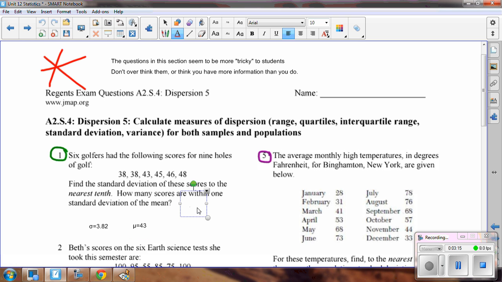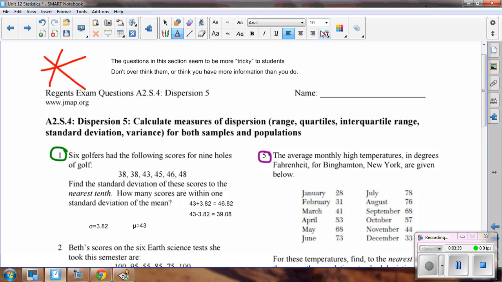I could take 43 and add 3.83, and we get 46.83. And then we could do 43 minus 3.83, and that gives us 39.17. So the question is how many pieces of information are between these two numbers?